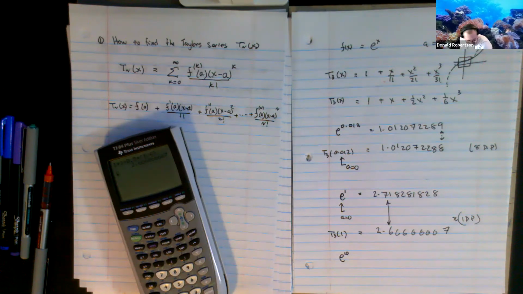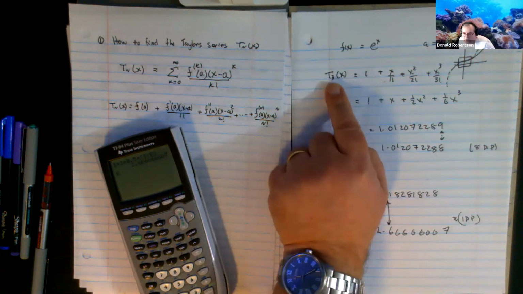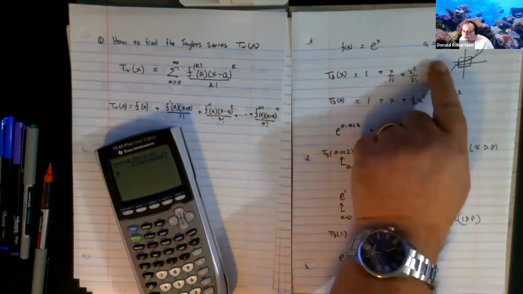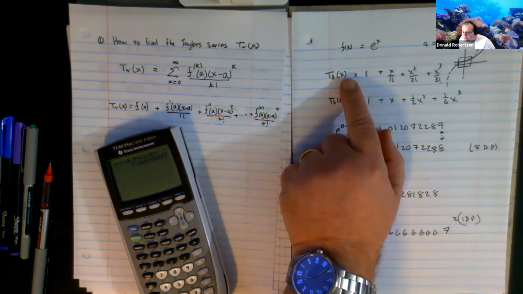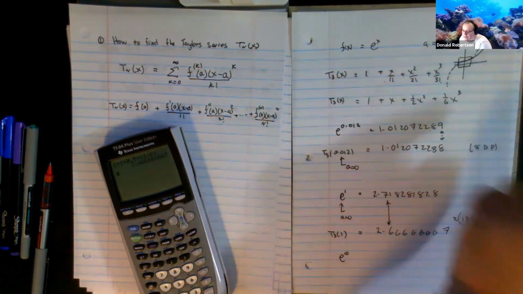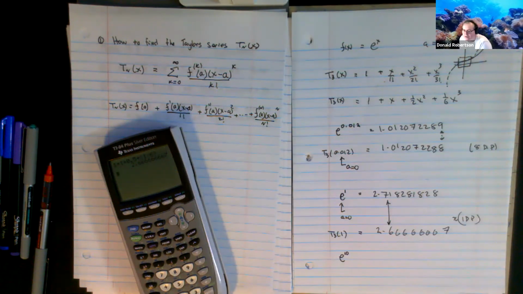So the moral of this story is that a Taylor polynomial like T3 of x is good as long as you pick close to the center, in this case 0, but gets worse the further away you go. So if you use an x value that's at 1, it's not great. At 10, it's useless. Is there any way I could improve the accuracy of my estimate polynomial?